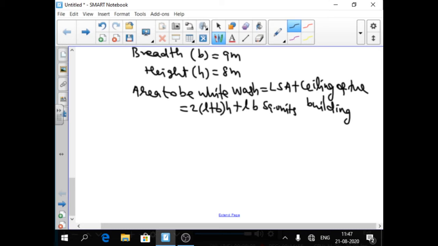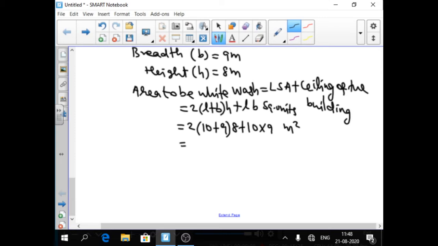So you know the values, length is 10, breadth is 9 and height is 8. So substitute the given values in the problem. So 2 times of (10 plus 9) into 8 plus 10 into 9, square meter, which means meter square.